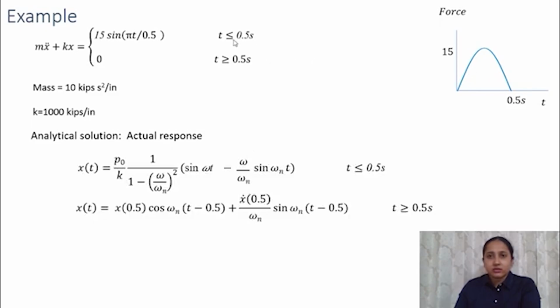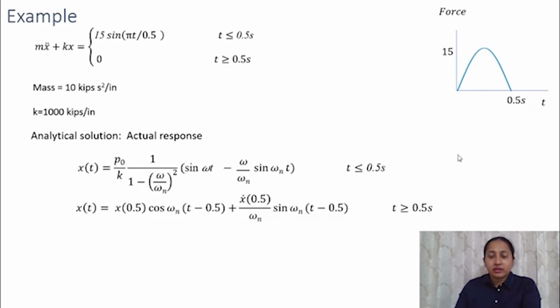So when time is less than 0.5 seconds, that is under the forced vibration, the response is given by P naught by K. P naught is the amplitude, that is 15. P naught by K, 1 by 1 minus frequency ratio square times sine omega t minus frequency ratio times sine omega n t.